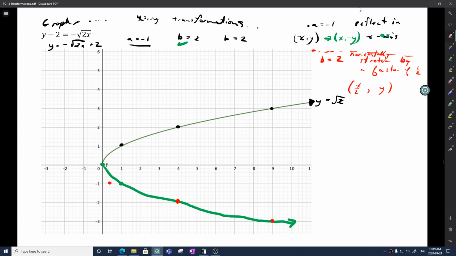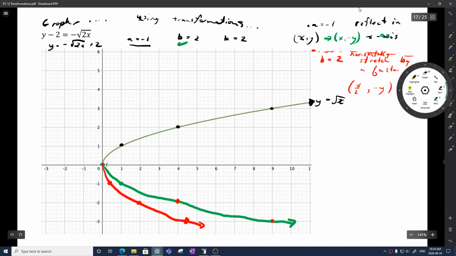For -2, I divide the x value by 2, it becomes... 9 divided by 2. Anyways, there we have it. And by the way, the person who's marking this may not pay attention, so I'm going to make those points really nice and obvious. And for you, I'm going to switch the colors, or just put a little dot. Hopefully that helps. There we have it.